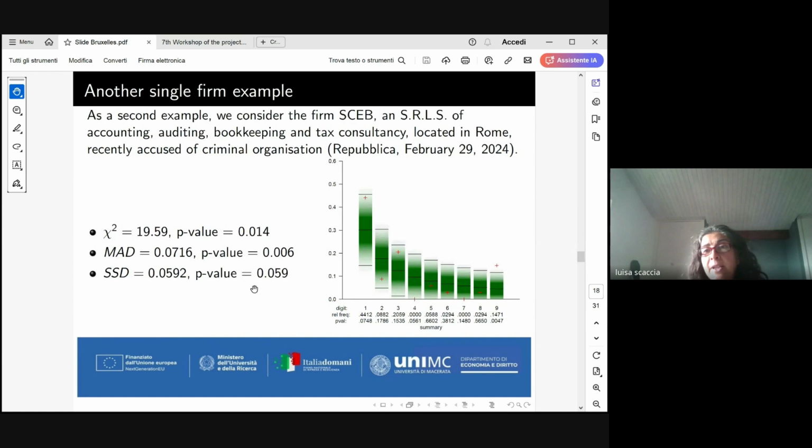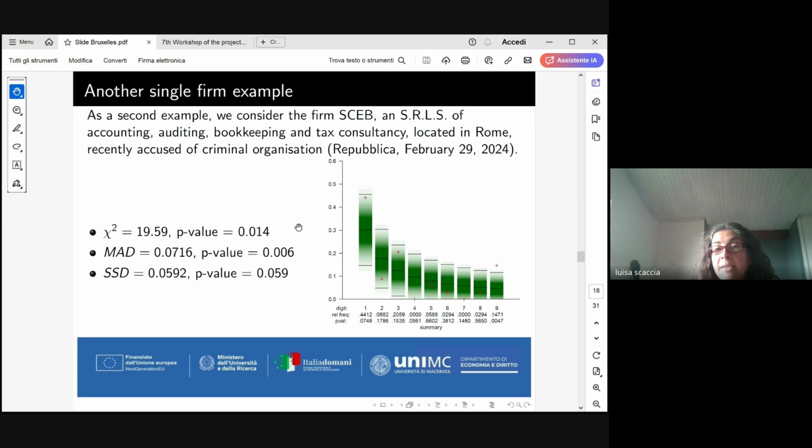This is a different case for another firm, SHEB, also located in Rome. But this one was recently accused of being a criminal organization. Here you can see some crosses which are just on the border of the confidence interval, and one of them is outside the confidence interval.